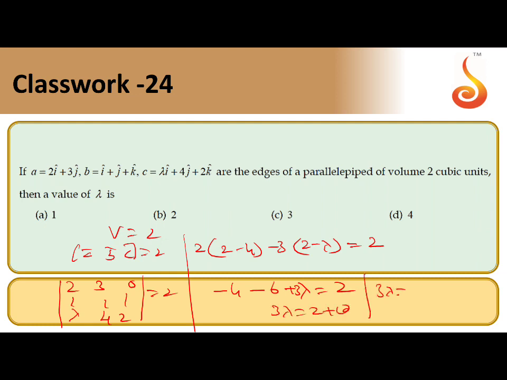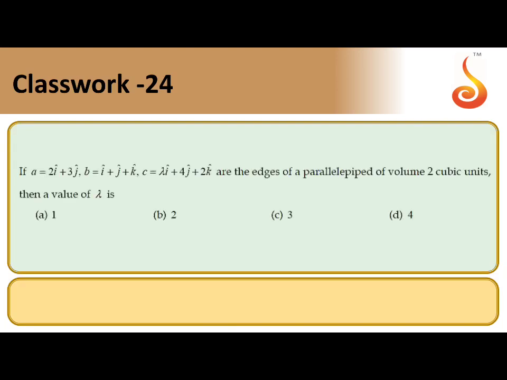So 3 lambda equal to 12. Lambda equal to 4 is the answer. Check the answer. Which option is matching? So volume equal to 2. Volume is nothing but box ABC, so the determinant equal to 2, and solve it to get the answer. Clear? Check the answer. Option D is the right answer.